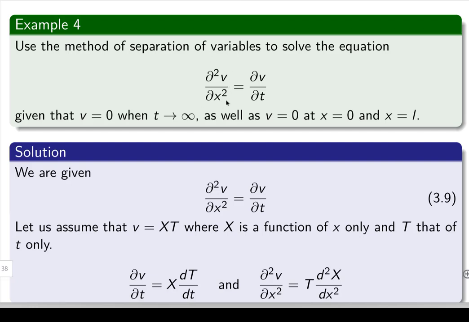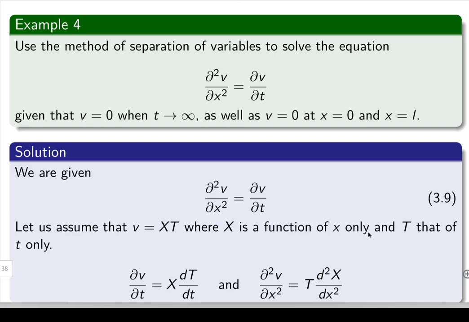Take note, in x it is of second order and in t it's of first order. Once you do separation of variables, you'll be able to see how this works out.